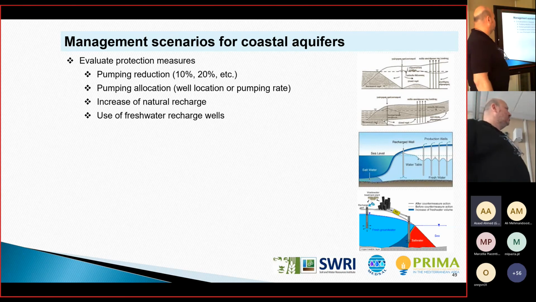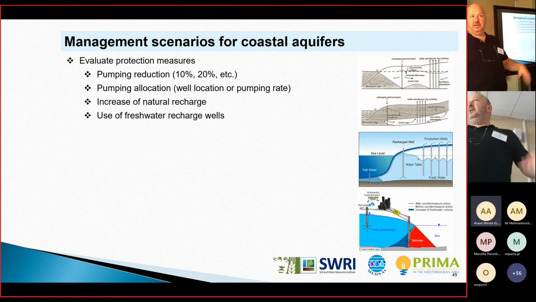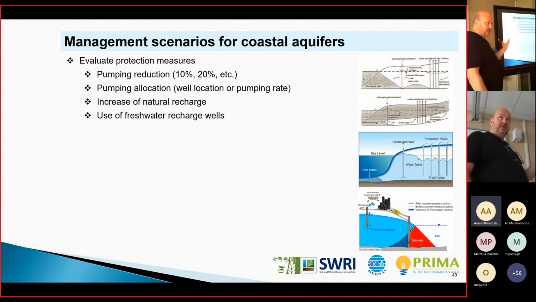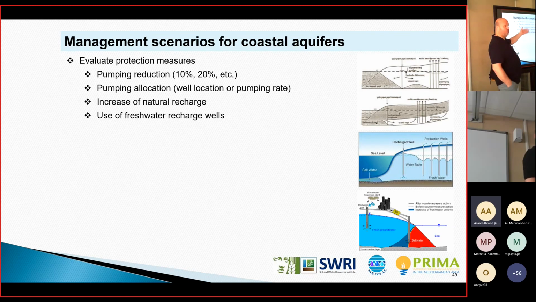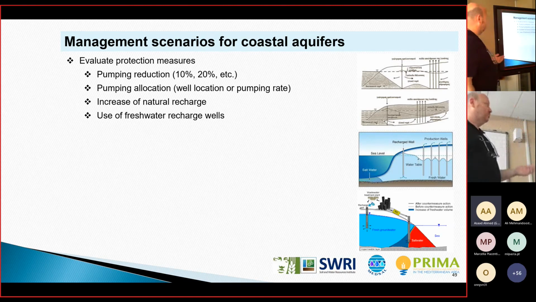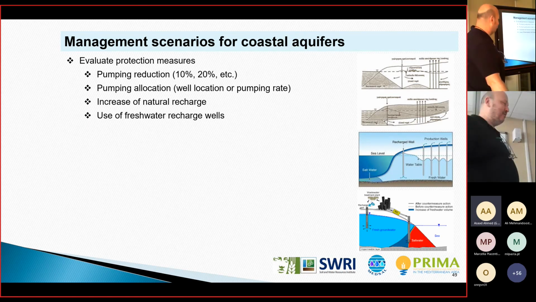Other measures are to increase the natural discharge, but this is not trivial, and hydrogeologists will tell us that this is not very easy to implement in a real aquifer. Also, to use freshwater recharge wells is another measure to protect a coastal aquifer with a seawater intrusion problem. But in this case, a problem would be whether we have spare freshwater available to inject into the aquifer.